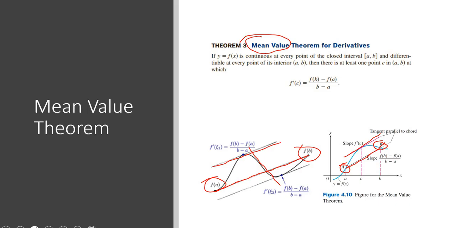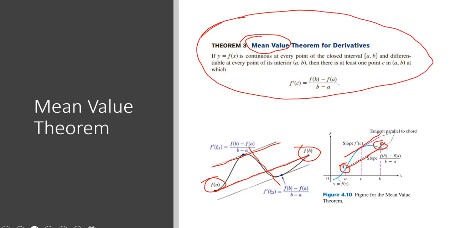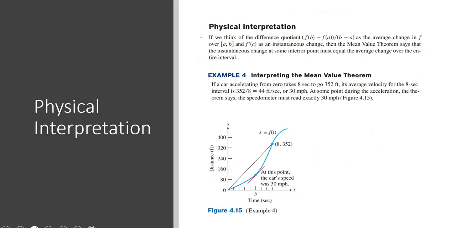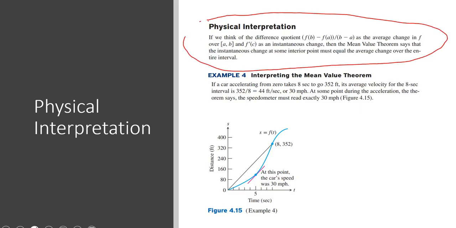So once again, one of these tangent lines is going to have the same slope as the average rate of change line, the secant line. This is just a very wordy way of saying all of that, but it is important to remember. And this is basically the physical interpretation of that. This is just what we talked about before, except summarized a little bit more nicely.